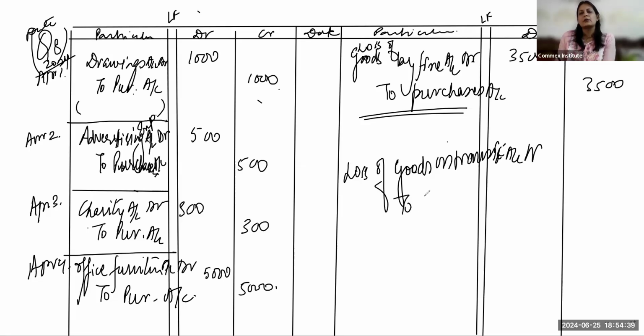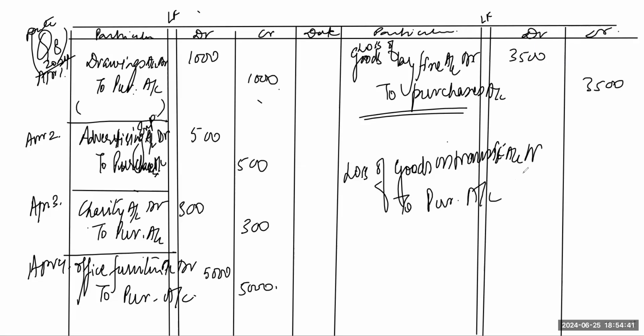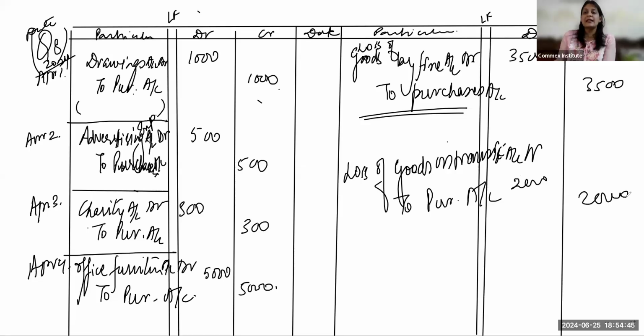to purchases account. Ma'am, there won't be a second entry, like the P&L account entry? Yes, there'll be the second entry also. Yes, correct. Priyanka asked me the transit ka meaning, so I started explaining that. So the second entry would be P&L account debit to loss of goods by fire.